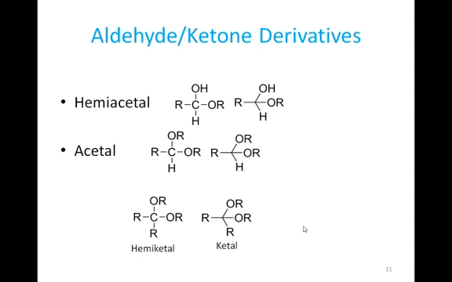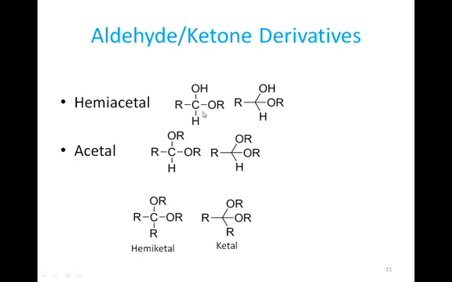Right, moving on. Aldehydes and ketones can react in quite a few different ways. The first intermediate that I'd like to introduce you to is a hemiacetal, and this is a derivative of an aldehyde. So imagine here is your R group, here is our carbon, imagine that had a double bond there, and there's your hydrogen.